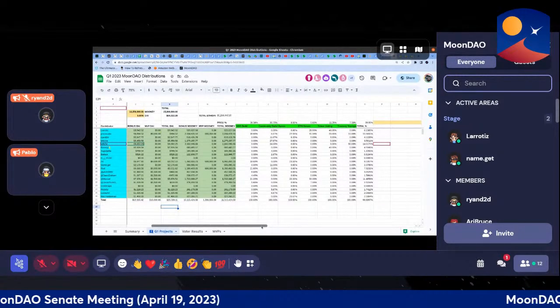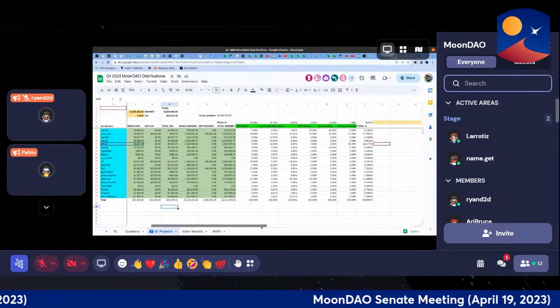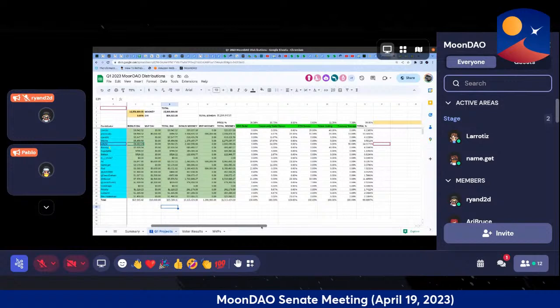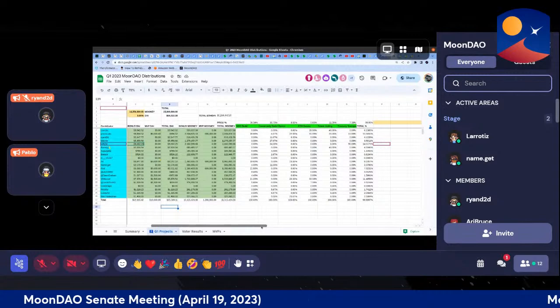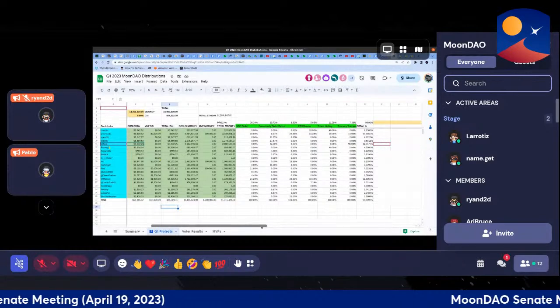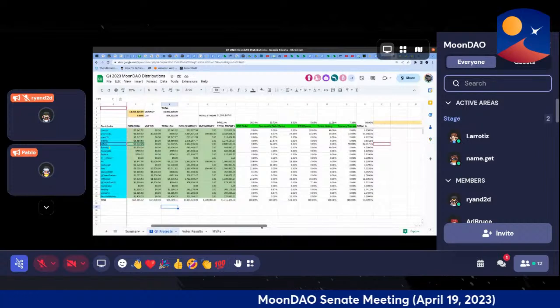So if there is a case where the bonus for both projects is lower than the MVP, then what's going to happen?